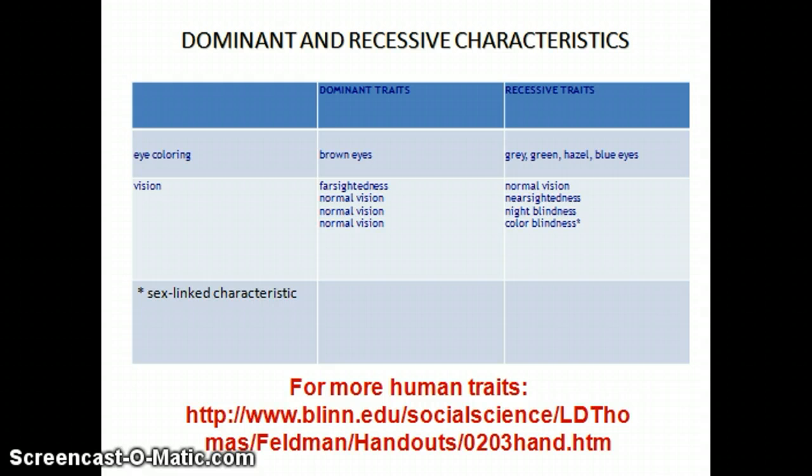It's actually relative to each other, so the alleles are going to depend on what each is. We'll talk a little more about some of the complexities of Mendelian genetics. For more human traits, there's a website at the bottom that you can take a look at if you have an interest.